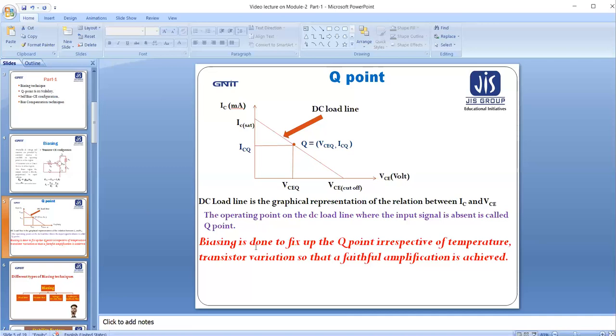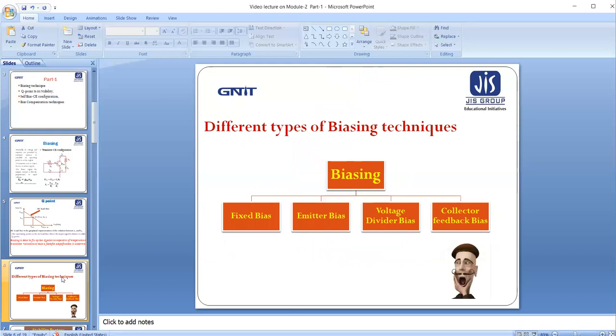So biasing is a technique to fix this Q point irrespective of temperature and transistor variation so that faithful amplification is achieved. We shall discuss the effects of temperature and transistor variation on the Q point in the later slides.